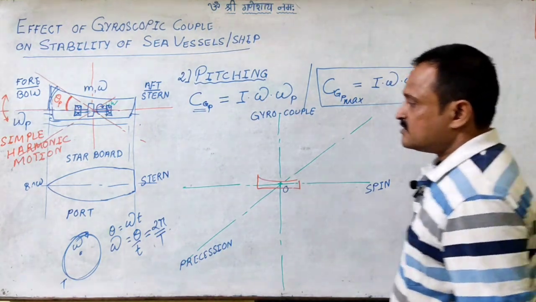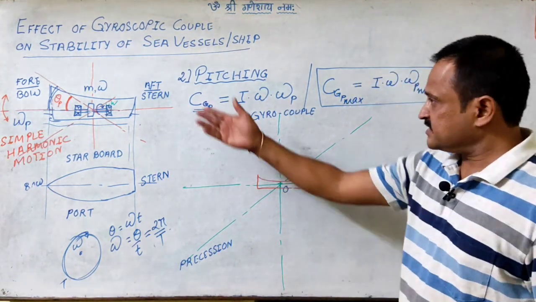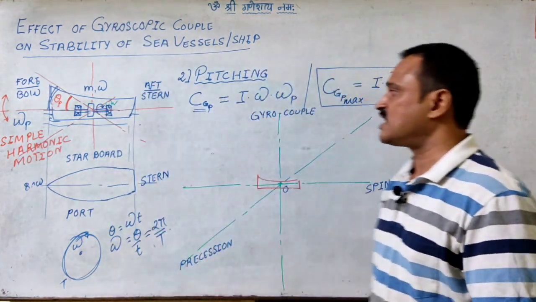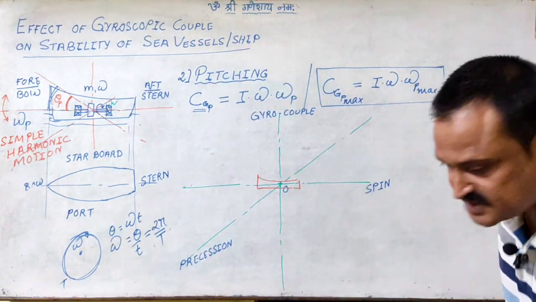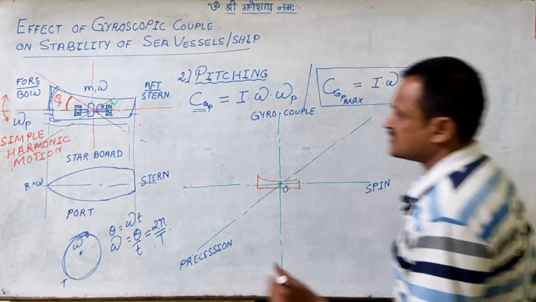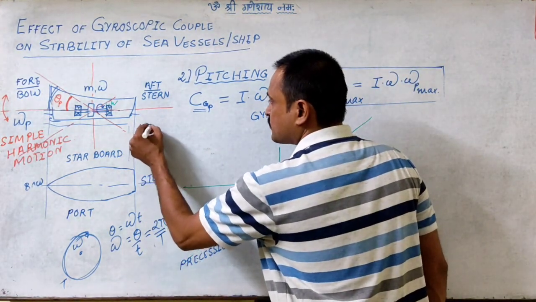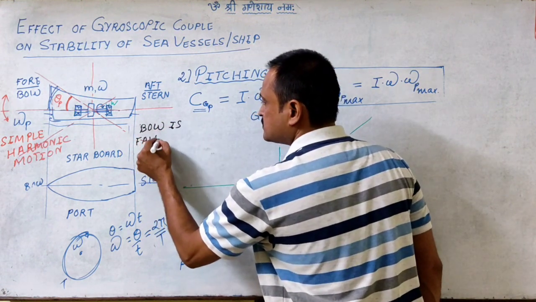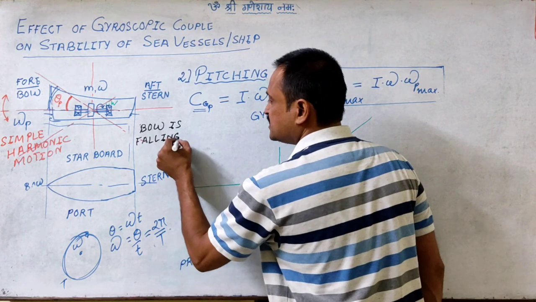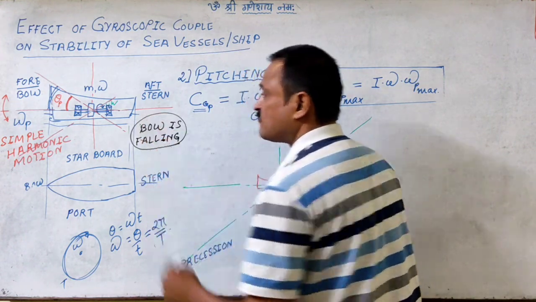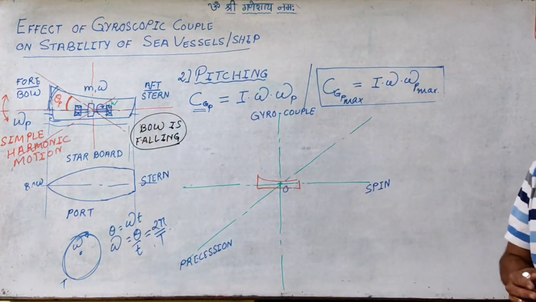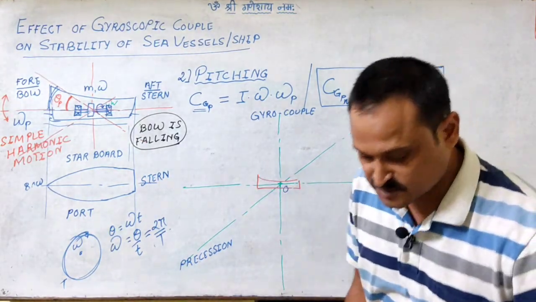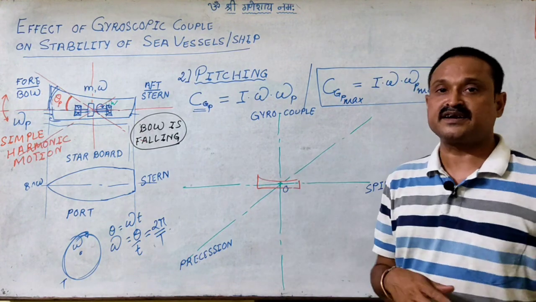Now let us take the condition when the bow is falling down. Let us try to understand what is going to happen. So when the bow is falling, first let us mark the vector of spin.